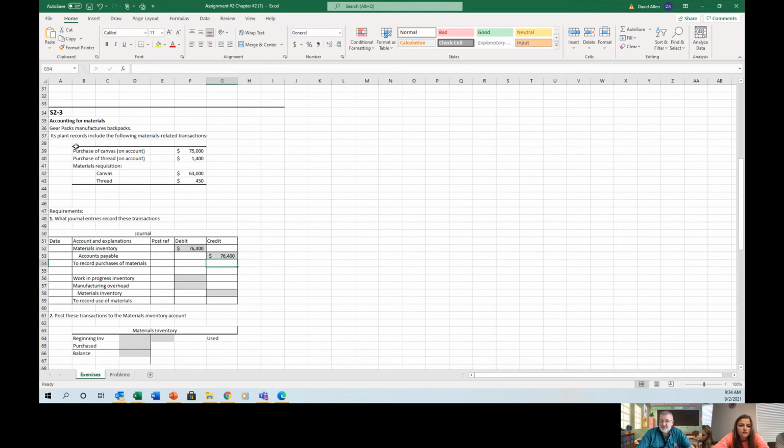Well, this is the total amount of material that we purchased. But in this case, our material requisition, so the guys out on the line, who are making, I think this company makes backpacks, have come in with a requisition for, instead of $75,000 worth of canvas, they're only requisitioning $63,000. So our work in progress is going to be the 63,000.